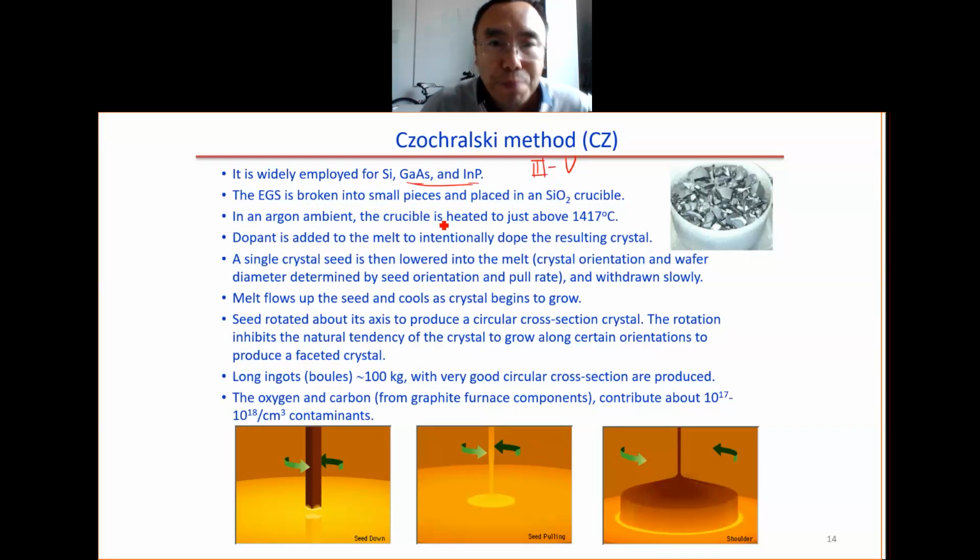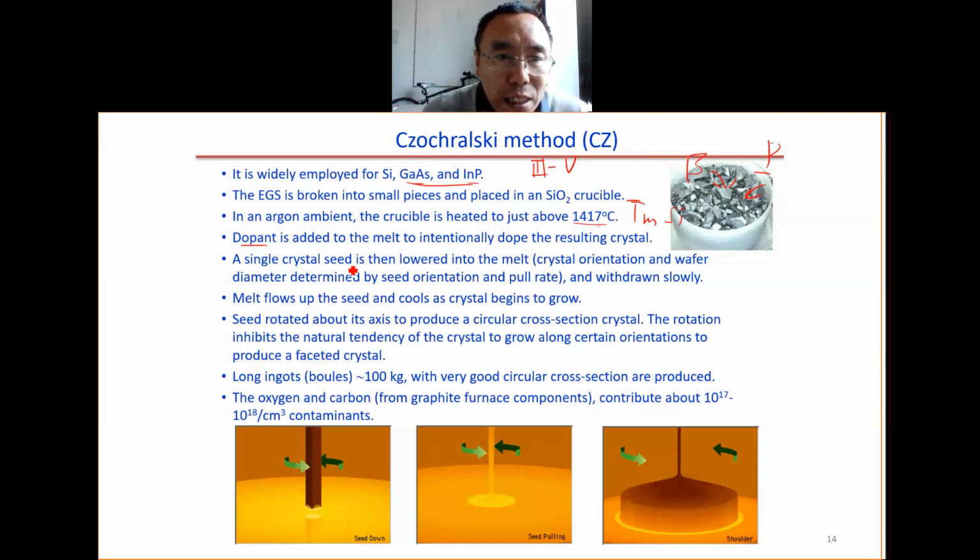We heat the container to 1417 degrees, which is the melting temperature of silicon, so the silicon gets melted. We can also add some dopant into the melt, for example boron or phosphorus, so when we grow the silicon, it will be doped.